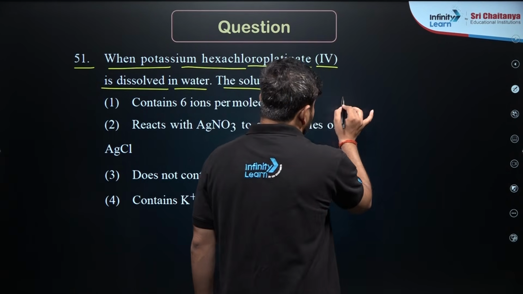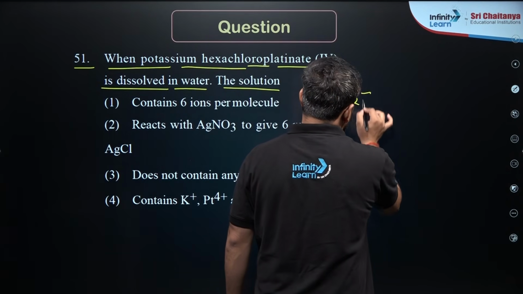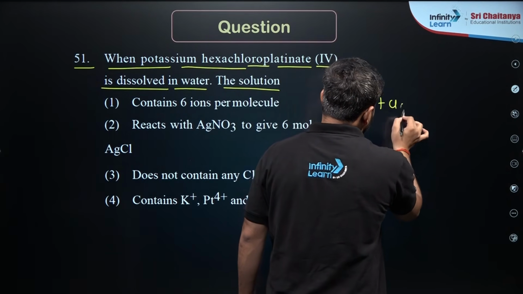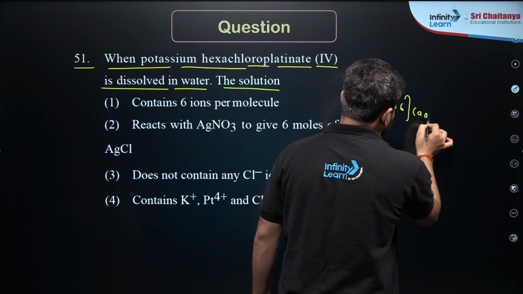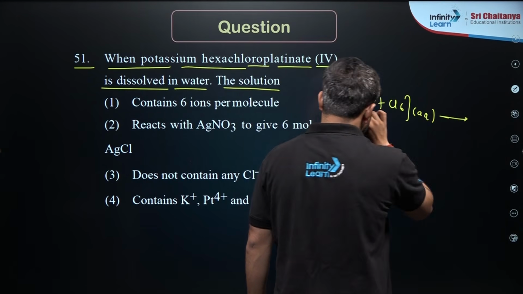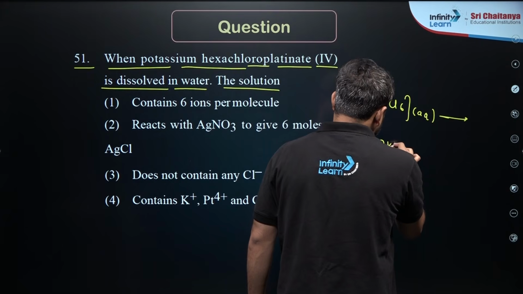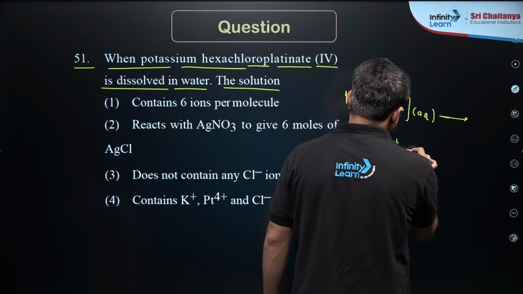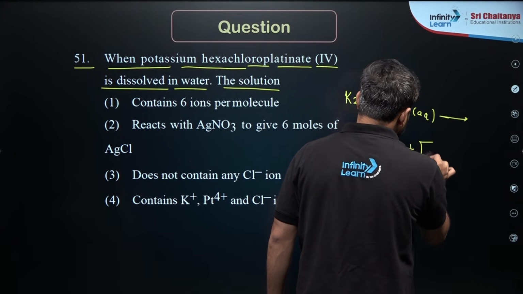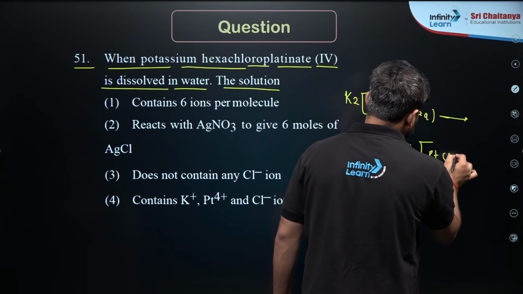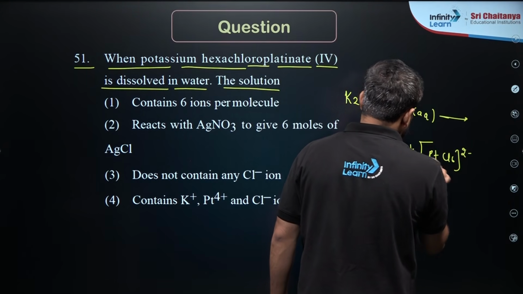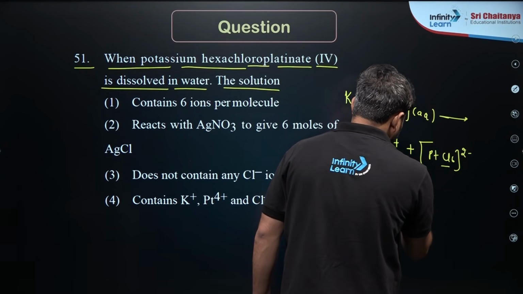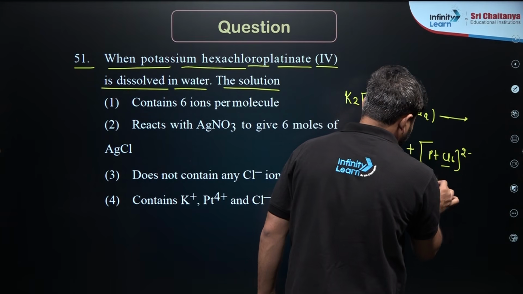If I write the formula of this, K2PtCl6, this is going to dissolve in the aqueous solution. So what we are going to get here? 2K+ and PtCl6 2-. So here what we are observing is that no Cl- ion is free.